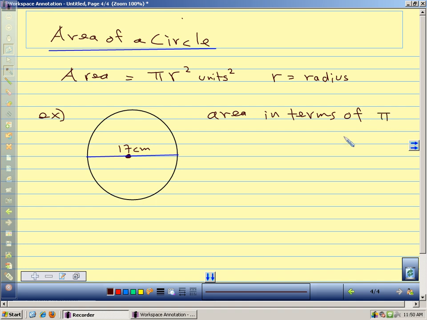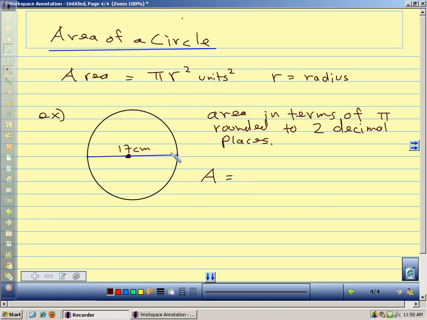I want the area in terms of pi and rounded to two decimal places. So how are we going to calculate our area? Our formula is pi r squared.